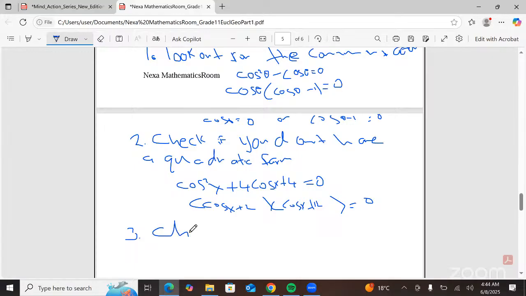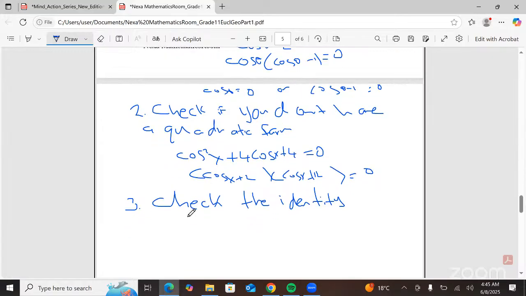Check the identity, because sometimes you can see that you are having cos squared x, then you can write that cos squared x as something like 1 minus sine squared x.